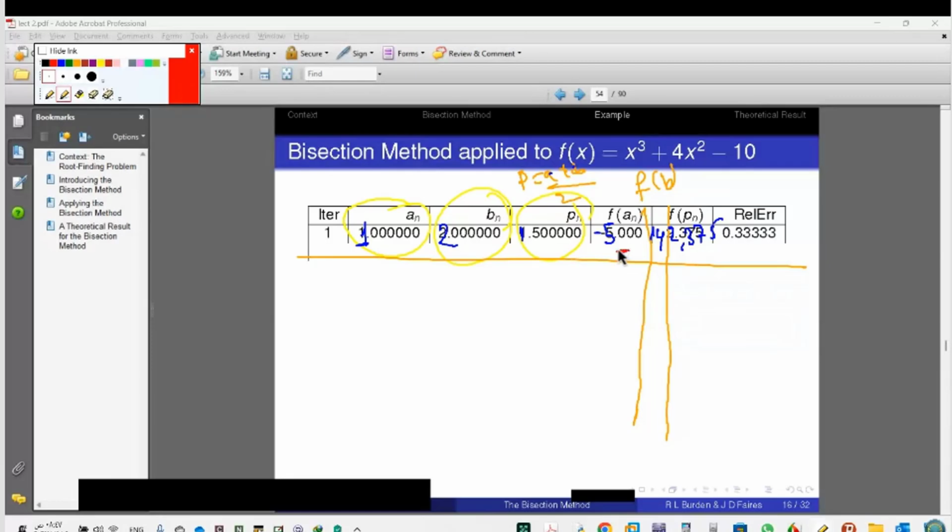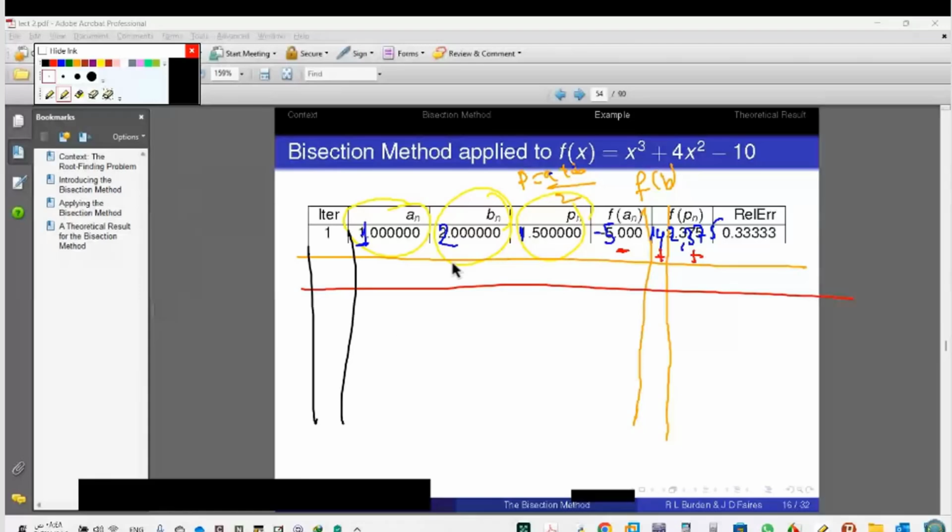Here it is negative, positive, positive. Negative, positive, positive. So in the second iteration, make a line. What do I have to do? See, negative is for A, so A stays as it is, which is 1.